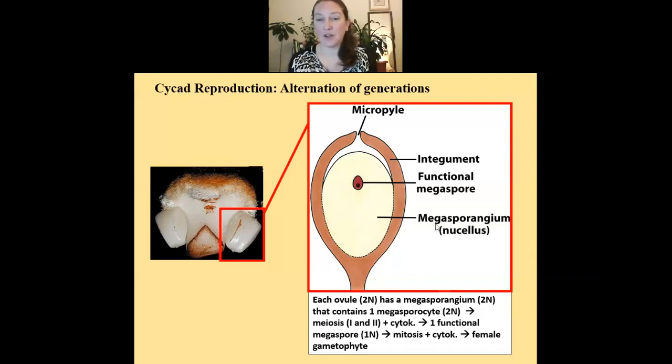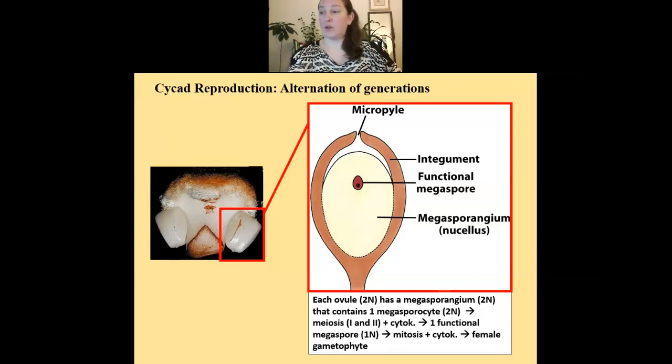Inside the megasporangium is a diploid megaspore mother cell, which is going to undergo meiosis and cytokinesis to produce a functional megaspore, which is going to then go on to do mitosis and cytokinesis to grow into the female gametophyte plant, which is always going to stay inside of the ovule.